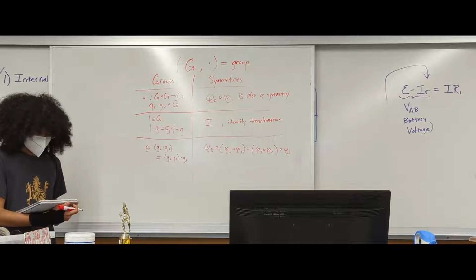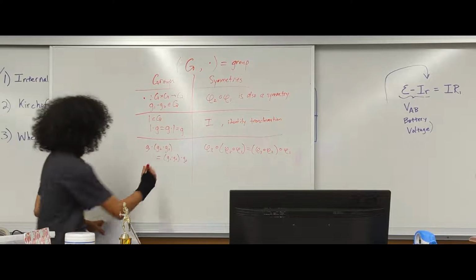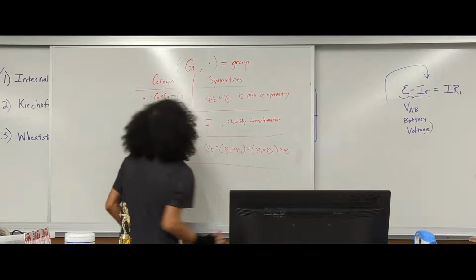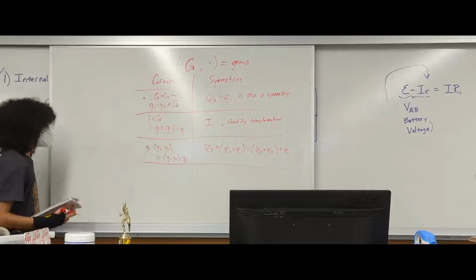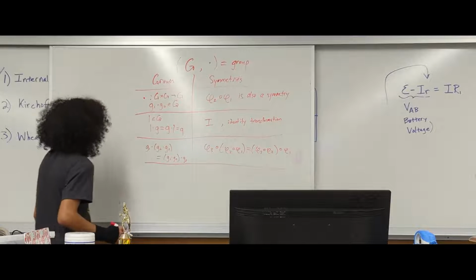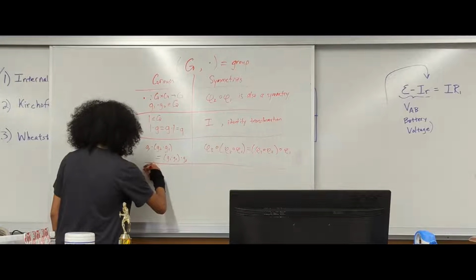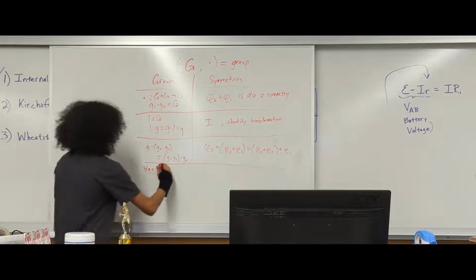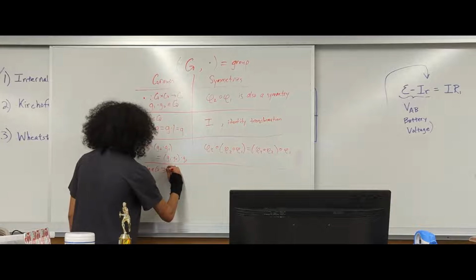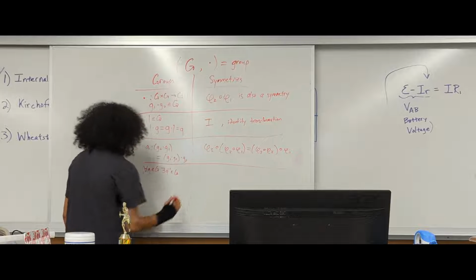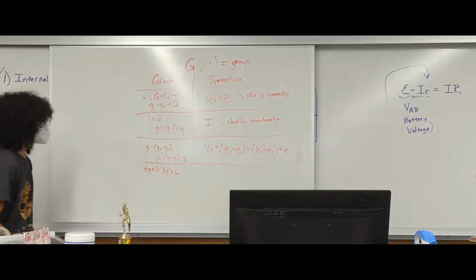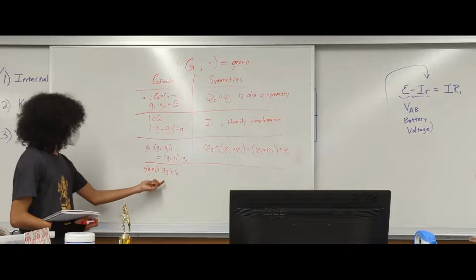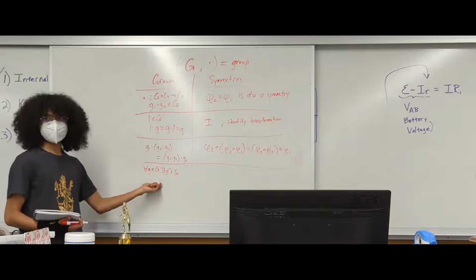And then the last thing is the inverses. So for groups, we're saying that each element of the group has an inverse element. An inverse element is something that when you combine these two in the operation, it gives you the identity.